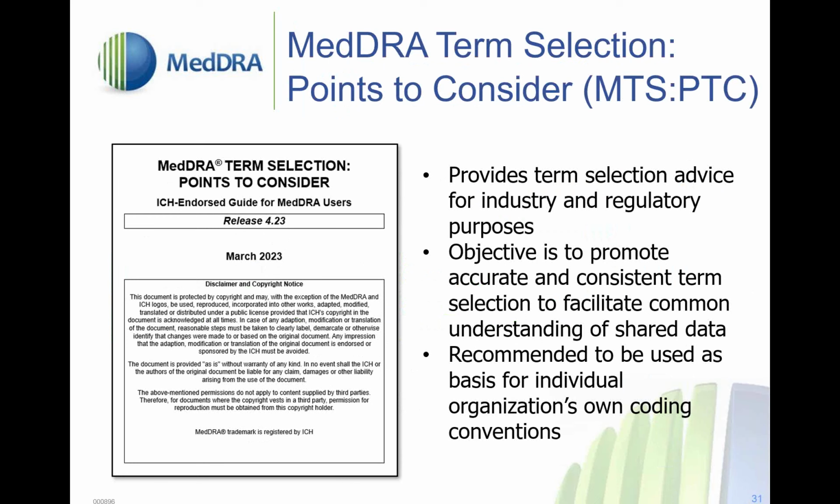So the reason they're termed as term selection is because really what you're doing when you're coding in MedDRA, you are selecting an LLT term. So coding in MedDRA is a term selection in MedDRA, and they are called points to consider because they're not mandatory, but they are recommended.